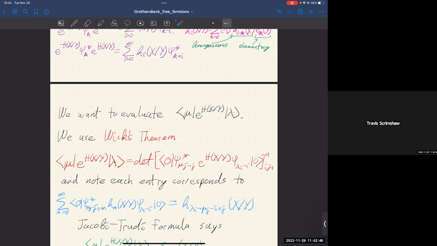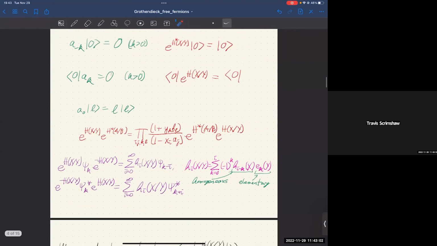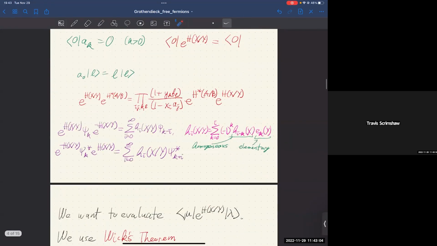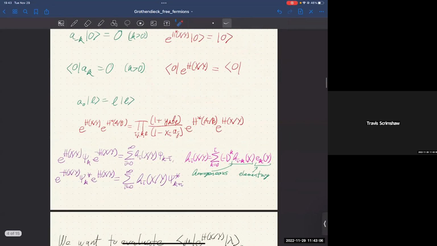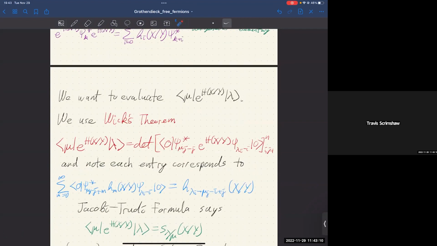And so to compute one of these terms here, we just use the commutation relation that we have up here to move this past to the other side. And then we absorb it into the left like this. And that leaves us with this formula here.